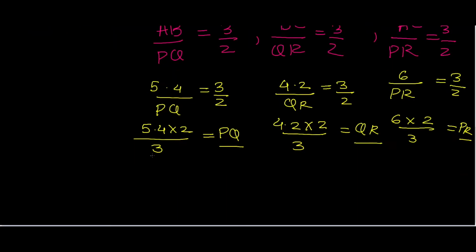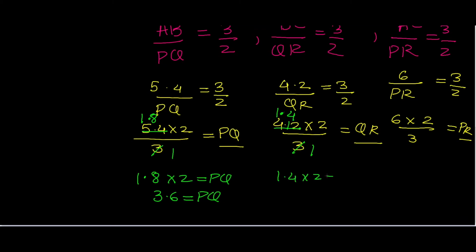So 3 ones are 3, and 3 sixes are 18, so 1.8 into 2 equals PQ. Then we will get the answer 3.6 by multiplication. Now 3 ones are 3, and 3 fours are 12, so 1.4 into 2 is equal to QR, and we will get 2.8 as our answer.